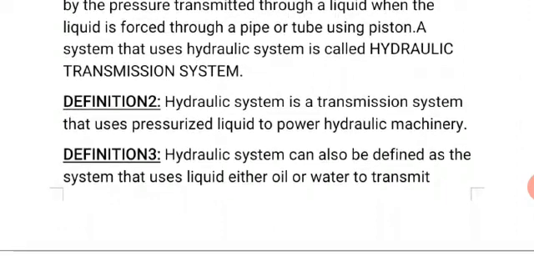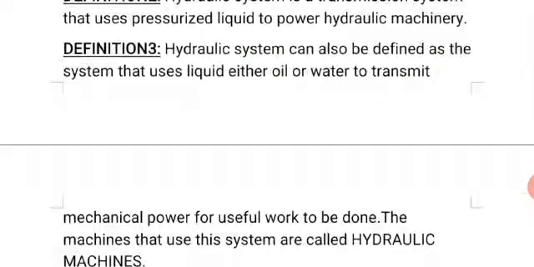The third definition, which is definition 3: hydraulic system can also be defined as the system that uses liquid, either oil or water, to transmit mechanical power for useful work to be done. From all these definitions we can infer our own definition.